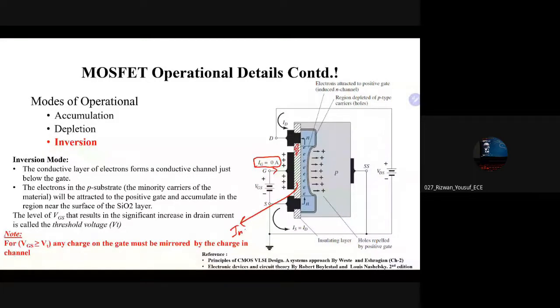This is insulator layer. SiO2 insulator layer है. क्योंकि gate is completely insulated from the substrate or from the channel or from the body or from rest of the device, so current cannot flow, charge cannot flow through the insulator. So gate current is nearly zero.